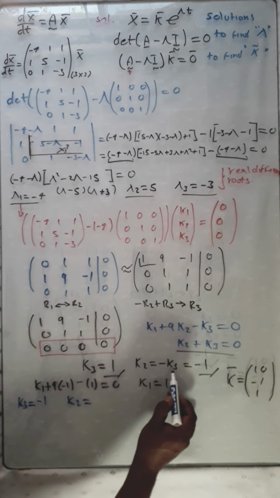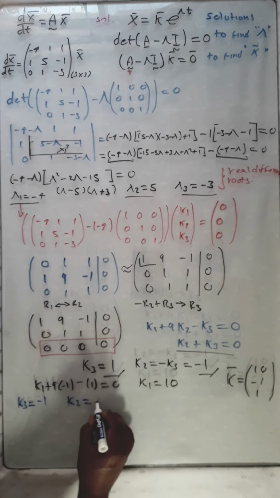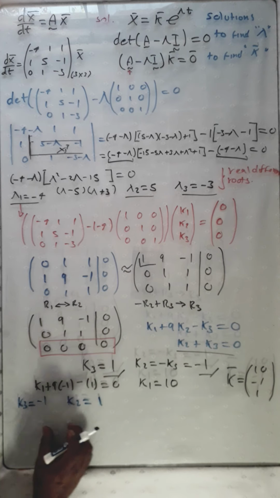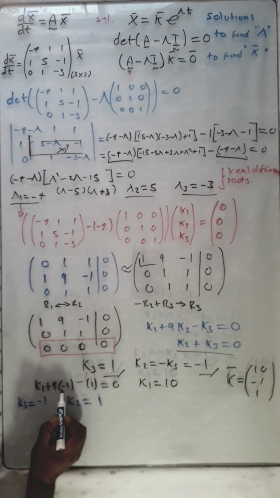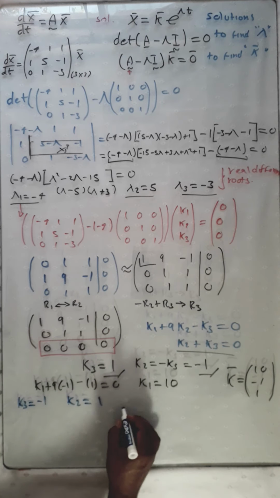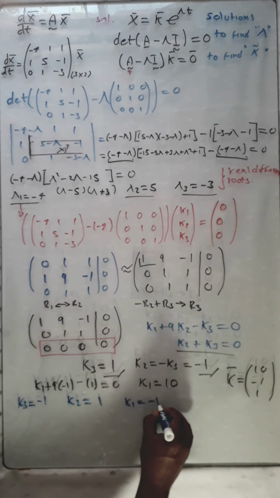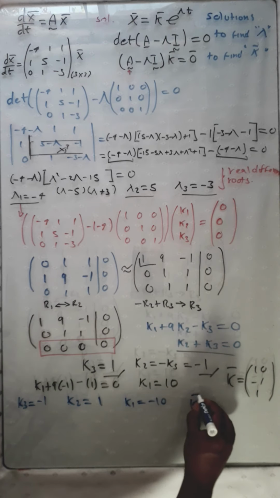If this is minus 1, then minus and minus will become positive 1. And because k3 is equal to minus 1, this becomes positive, and this is positive, so it's going to be 9 plus 1, which is 10, so k1 is equal to minus 10.